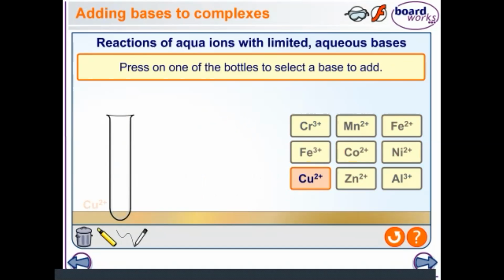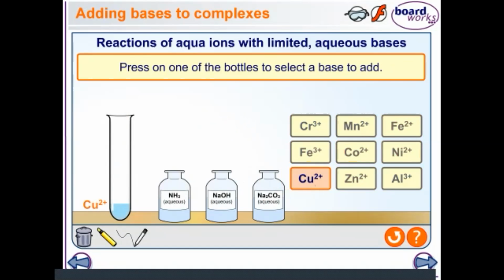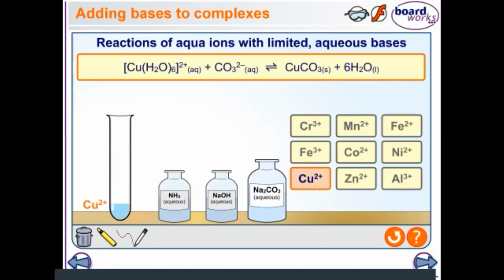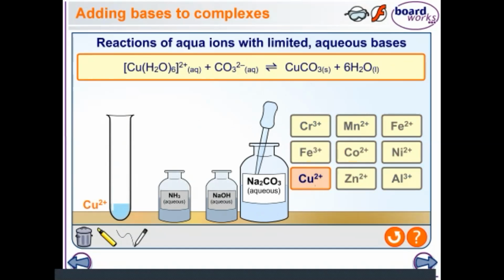Now let's look at the precipitate that will be produced by the copper complex with sodium carbonate. Oh, here copper carbonate is formed.